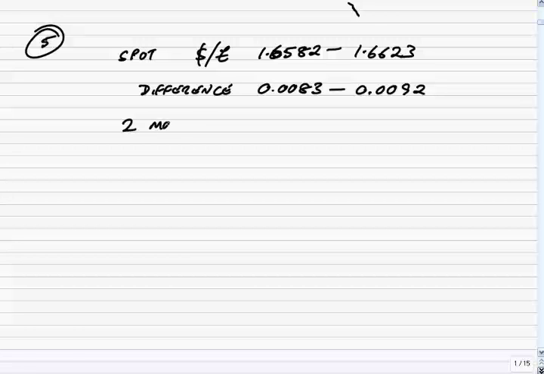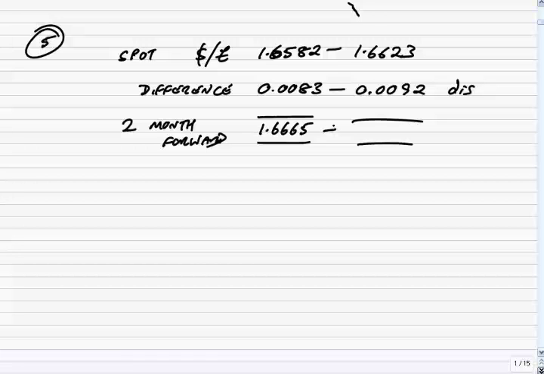The actual 2-month forward rate, therefore, adjust by the difference. It was quoted at a discount, so we add a discount. The 2-month forward, 1.6582 plus 0.0083, 1.6665, the other one, 1.6715.